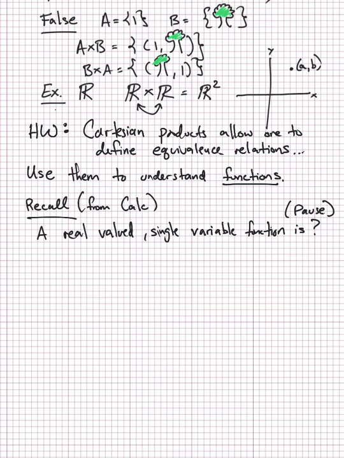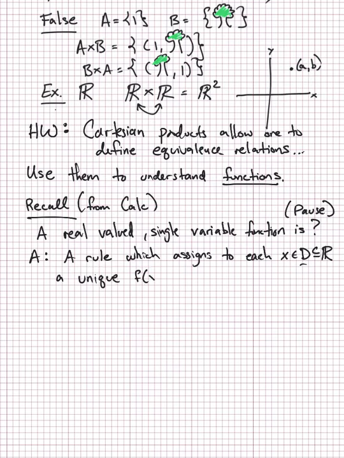Okay, so one way to describe it is that it's a rule which assigns to each x, which is usually not an arbitrary real number but some real number in the domain of your function, which might be smaller than the entire real numbers, a unique f(x), which is also in a subset of the real numbers called the image.